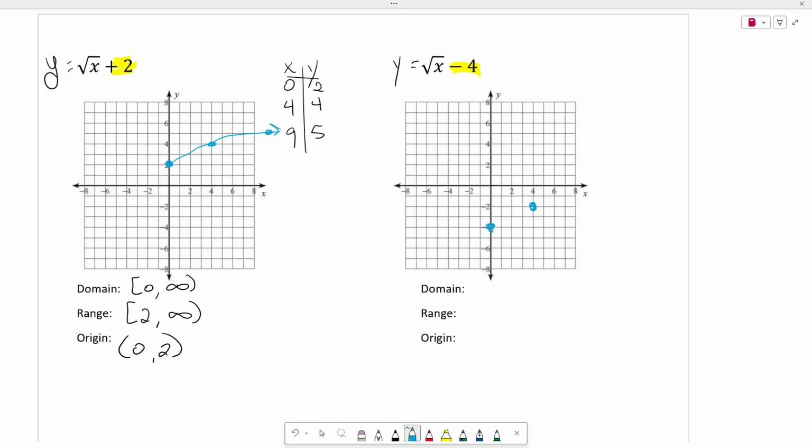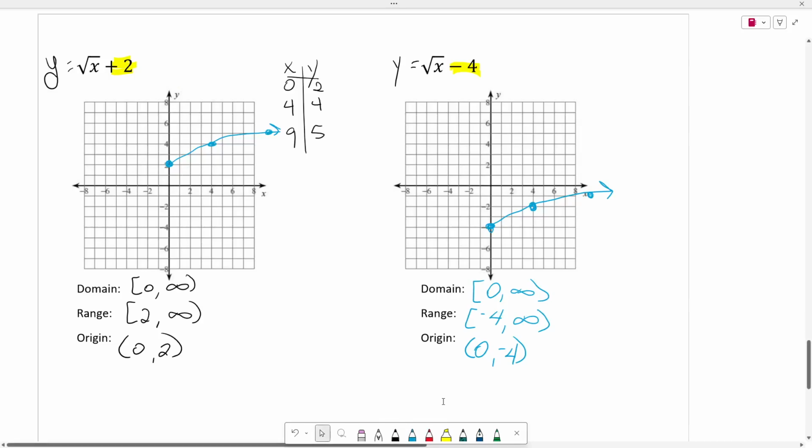And then at 9, it would be at -1, like so. The domain would be from 0 to infinity. The range from -4 to infinity. And the origin or starting point of the graph would be at (0, -4). Graphing square root functions. Enjoy.